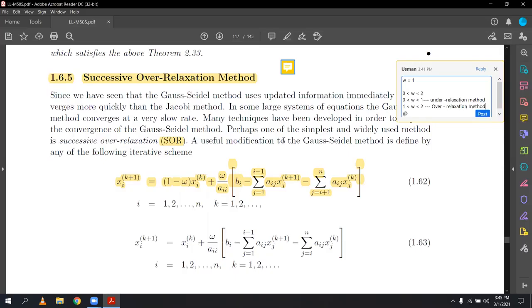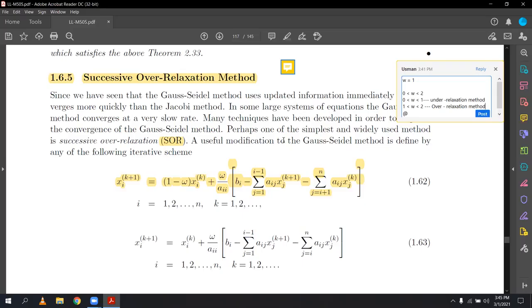I think it took 16 iterations to get the accuracy 10^-6. Then we made a small modification to make it faster, and that small modification changed the Jacobi formula into a new formula, which we call the Gauss-Seidel method.